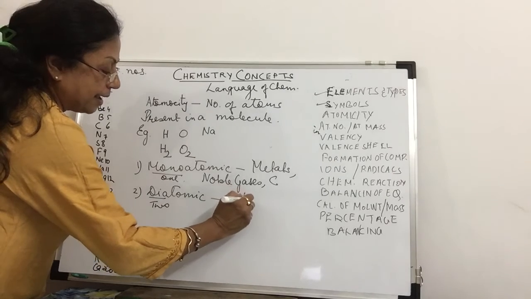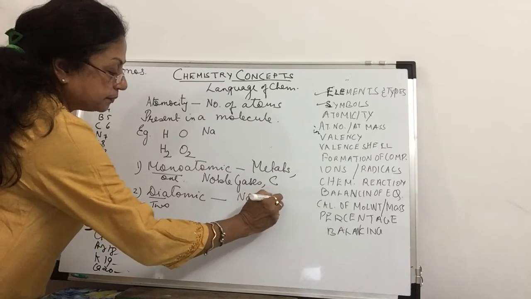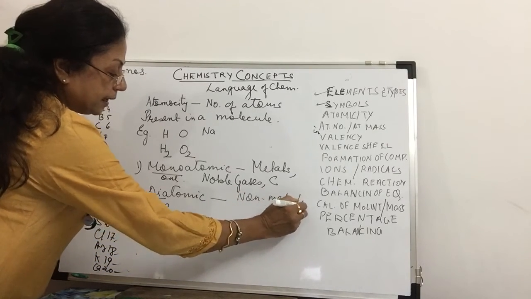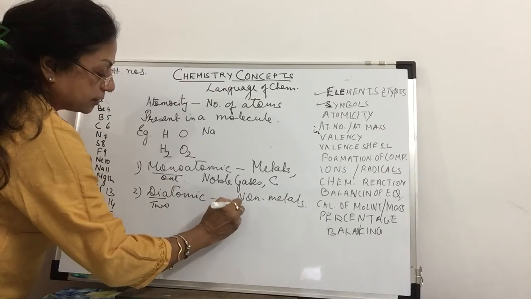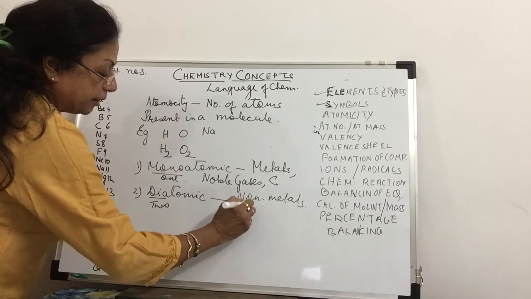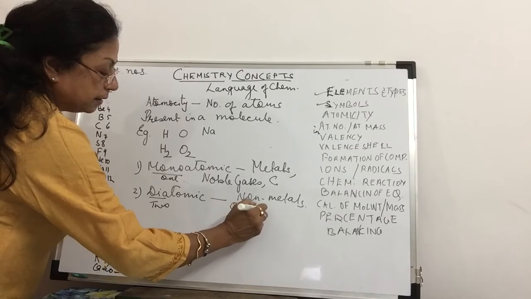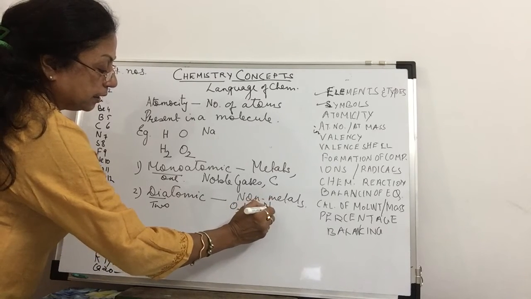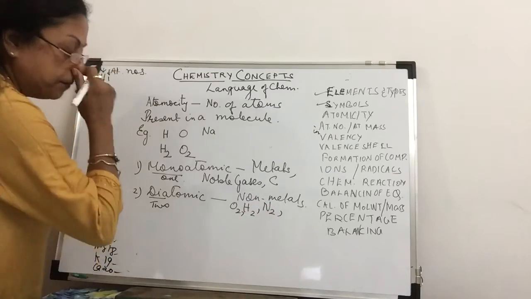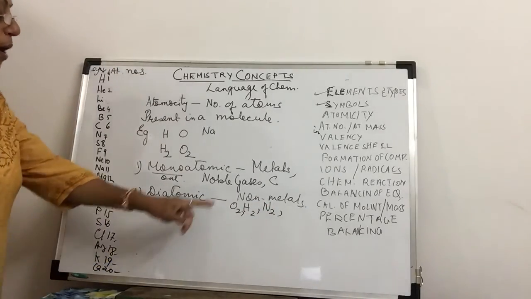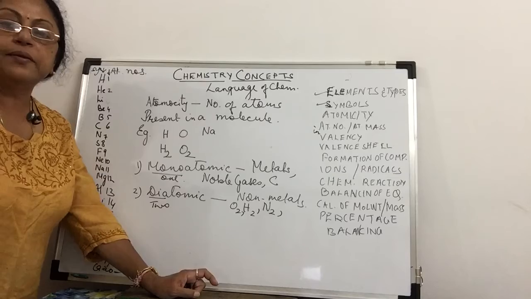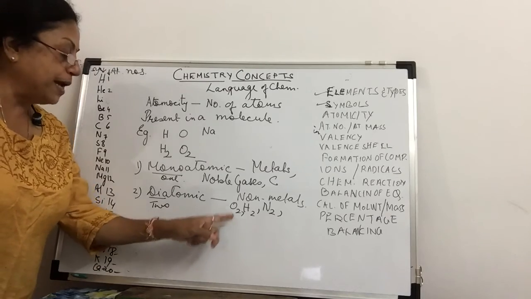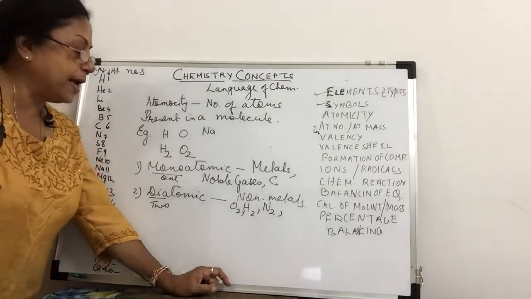Non-metals are diatomic. Example, oxygen, hydrogen, then nitrogen, because we don't write O, H, N like this. When we represent oxygen, we write O2, H2 or N2.